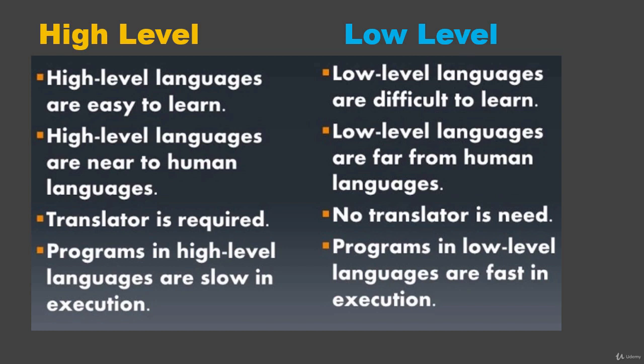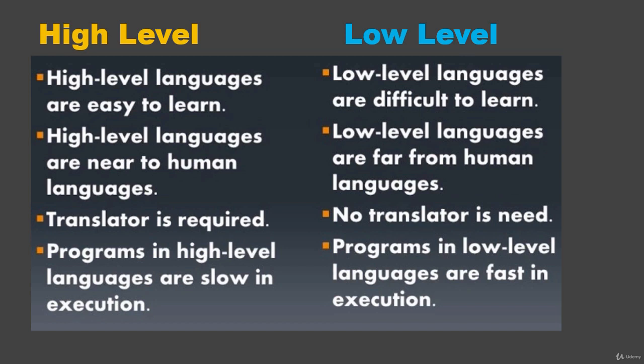While low-level languages are far from human languages, so only machines know what they are talking about. You need a translator, like a compiler or an interpreter, to convert a high-level language into machine language. No translator is needed for low-level languages because the machine hardware knows what they're talking about.